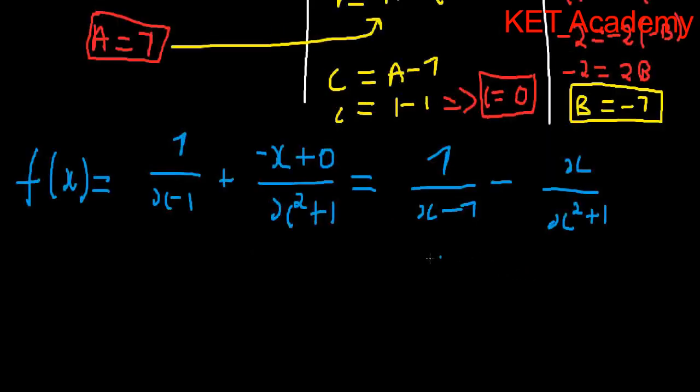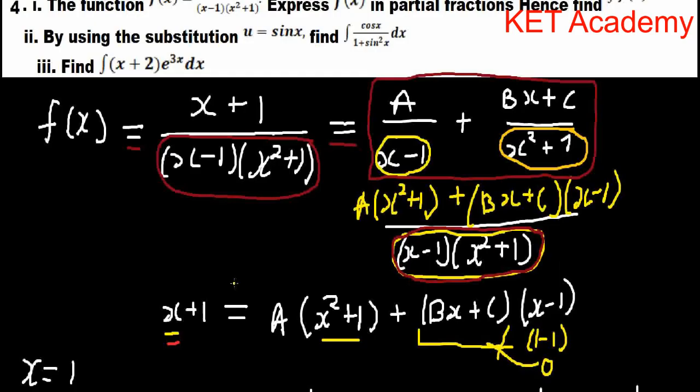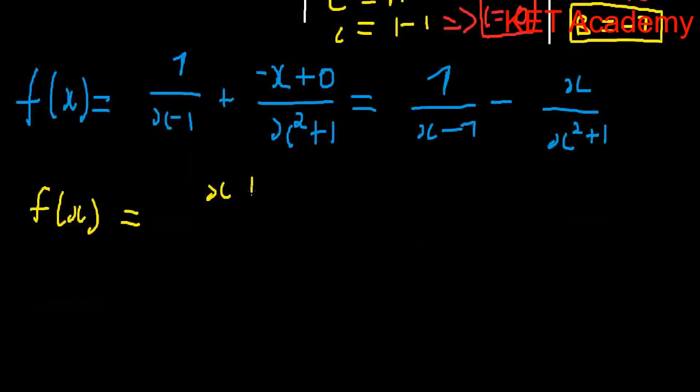So now, one thing I like about a partial fraction is that you can always verify if your partial fraction is correct or not. To do this, we simply go back to the function that the equation gave us. We know that f of x was x plus 1 divided by x minus 1 and x squared plus 1.